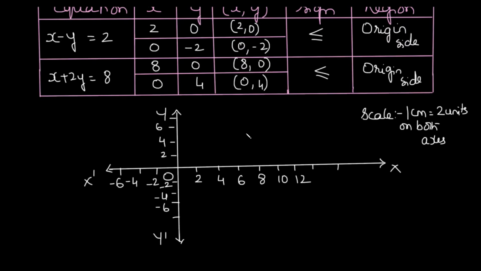Having done that, now let us plot these points on the graph. The first one is (2, 0), so (2, 0) comes here. The other point on the same line is (0, -2), which is here. And on drawing the line, it comes out this way.